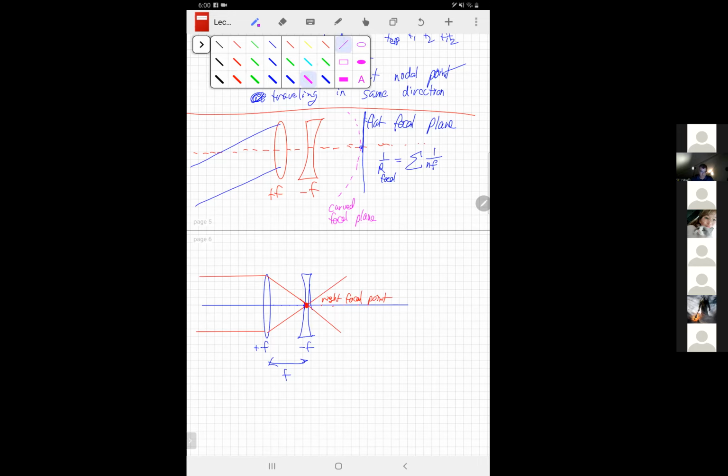Let's send in some rays from the right. What does that first lens do with rays coming in parallel to the optic axis? What does a negative or a concave lens do with rays that are coming in parallel to the optic axis? Does it focus them to a point? No. So what does it have to do instead?